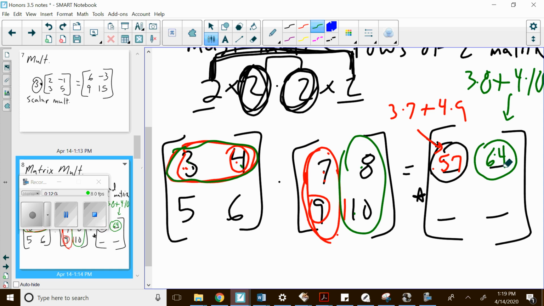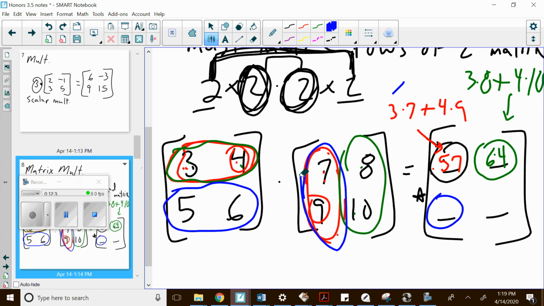Okay, now let's switch colors here and go blue. Okay, finding this element right here is now in the second row and the first column. So here we would combine the second row of our first matrix with the first column of our second matrix here.